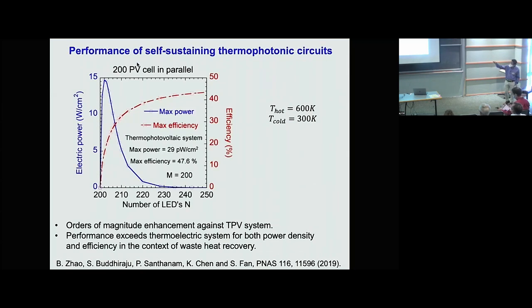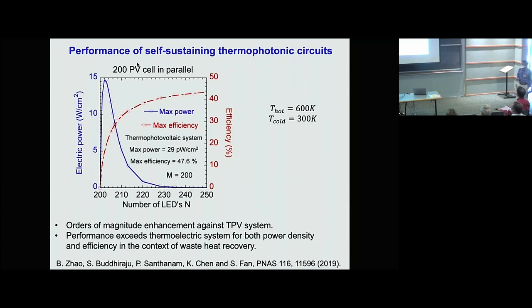What he showed is that if you take 200 PV cells connected, sorry, not in parallel, but in series, and if the number of LEDs exceeds 200, again in series, you will get electric power generation on the order of 15 watts per centimeter squared for a hot side only at 600 Kelvin.